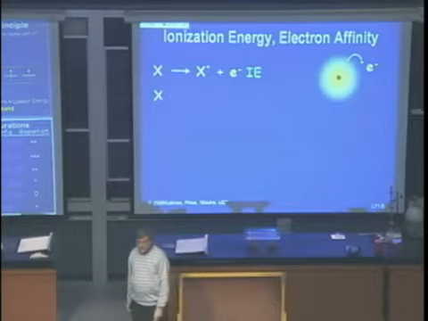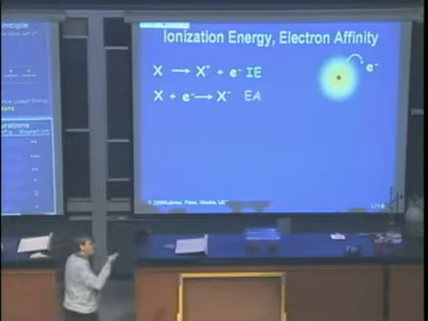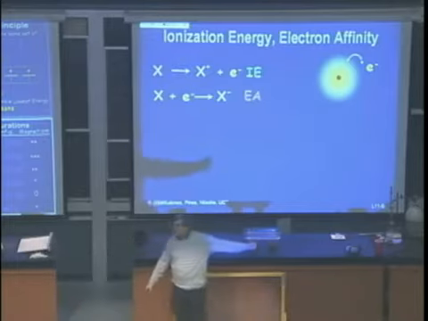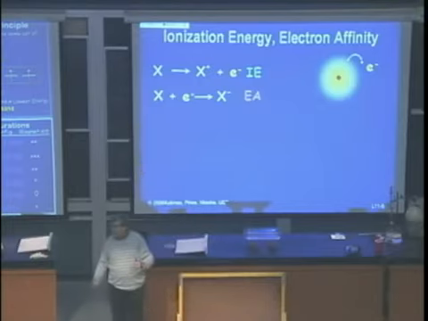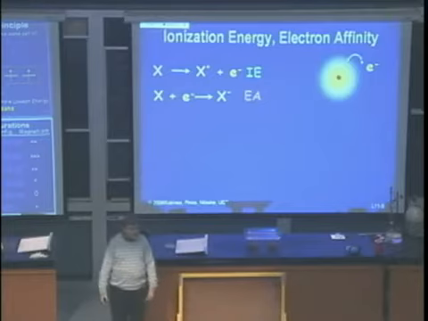All right? Now, the opposite is the addition of an electron to an atom. When you add an electron to an electrically balanced atom, it comes in and it releases energy.